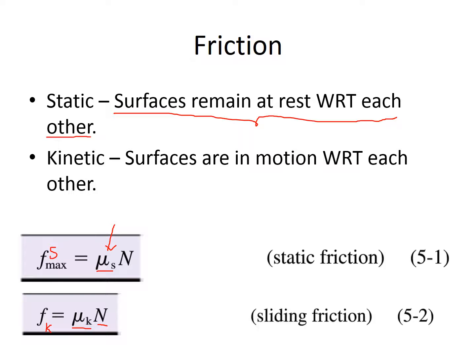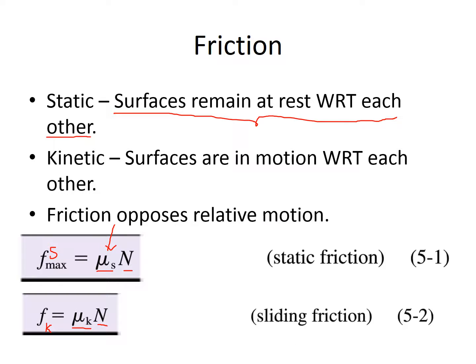Static friction, mu s, and kinetic friction, mu k. And I want to emphasize this. Friction opposes relative motion, not absolute motion, independent of the fact that there is no such thing as absolute motion. What is being opposed is the motion between the two surfaces.